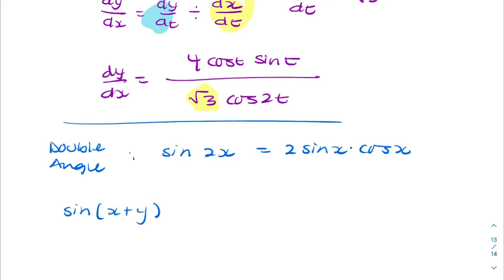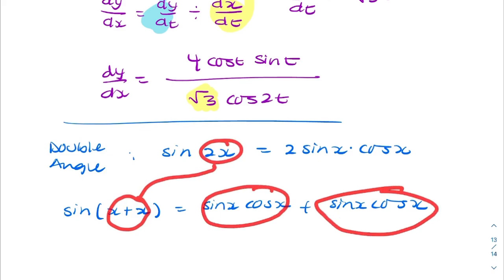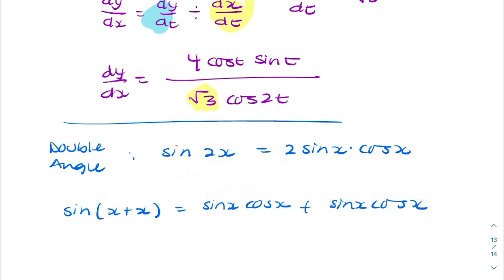So sine of x plus y is sine x cosine y plus sine y cosine x. And if y happens to equal x, we can replace every y with an x. And then that becomes 2x, and that's equal to that, so we just have 2 sine cosine. Okay, so that's the reason why that's possible.